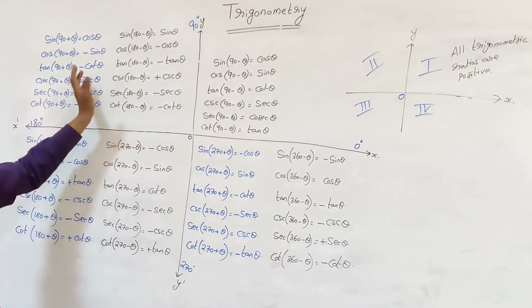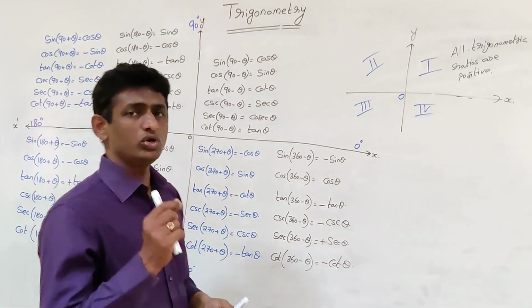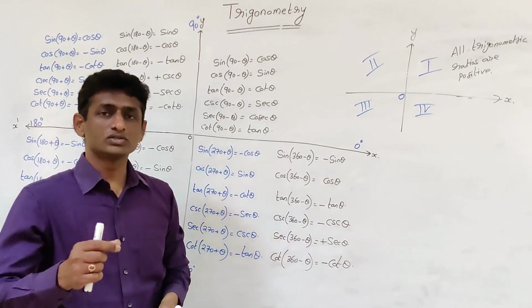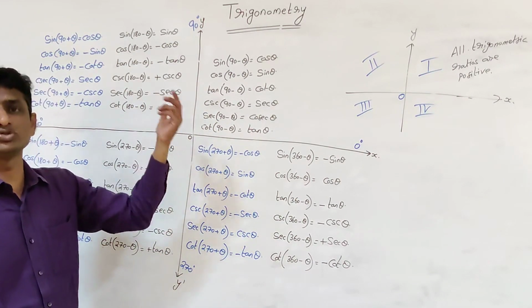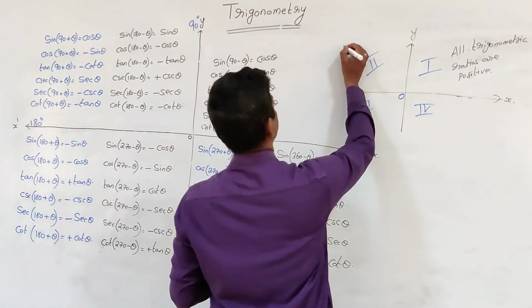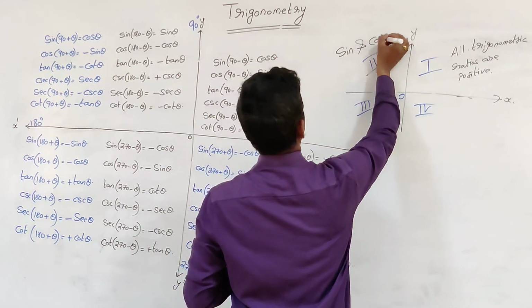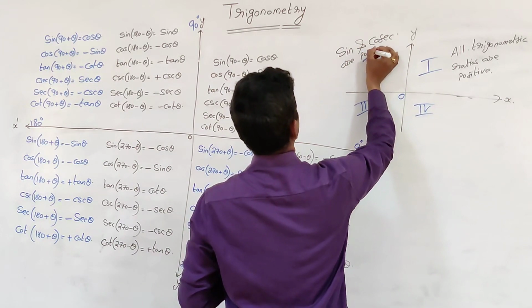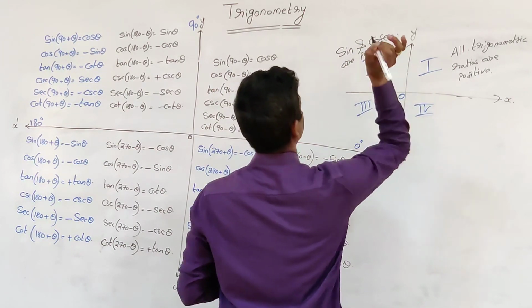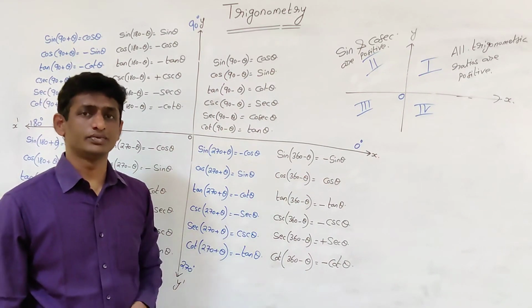If you observe these two angles, in the second quadrant only sine and its cosecant are positive. The remaining four trigonometric ratios are negative.